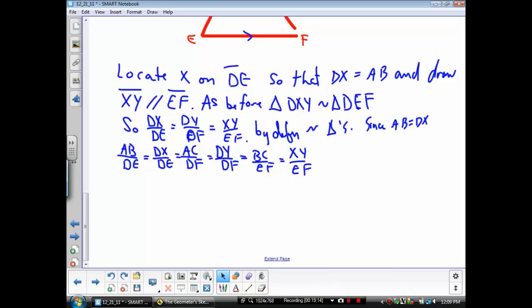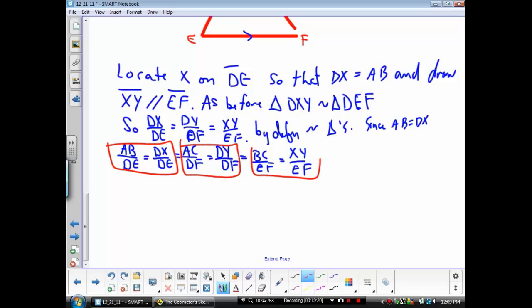If I take them two at a time, the middle piece tells me AC equals DY, and the right-hand piece tells me BC equals XY. This happens by substitution and transitive property.